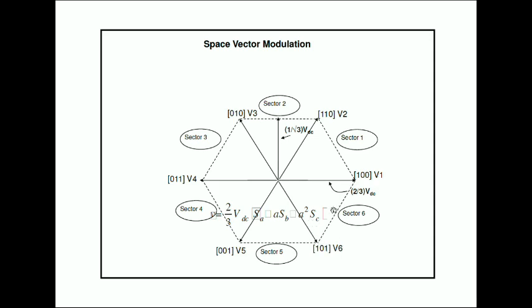These 6 vectors you can make very easily by using the combination of SA, SB and SC. When you are going for a smooth operation, we need a smooth change in the vector.